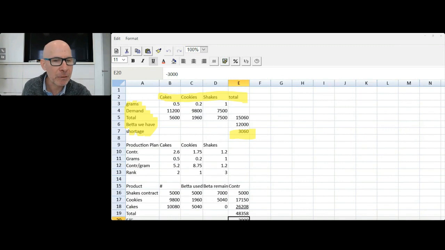I laid out the info that I needed, right, to find if there's a shortfall or not. So step one is the shortfall, how much I need, how much we have. And then I go to step two. I make the production plan, always laying out my template before I begin.